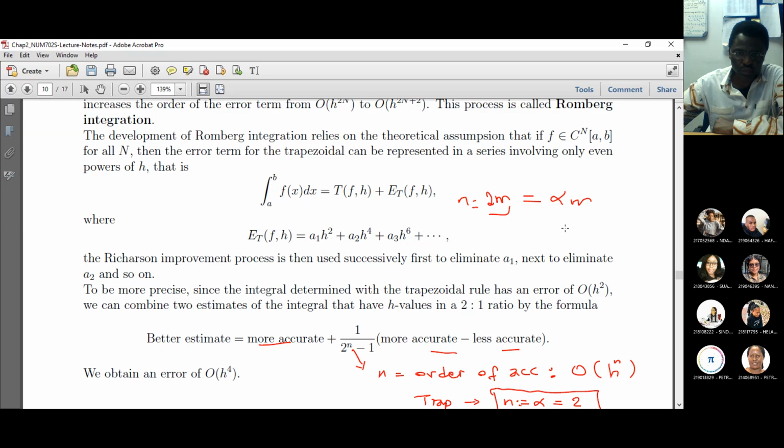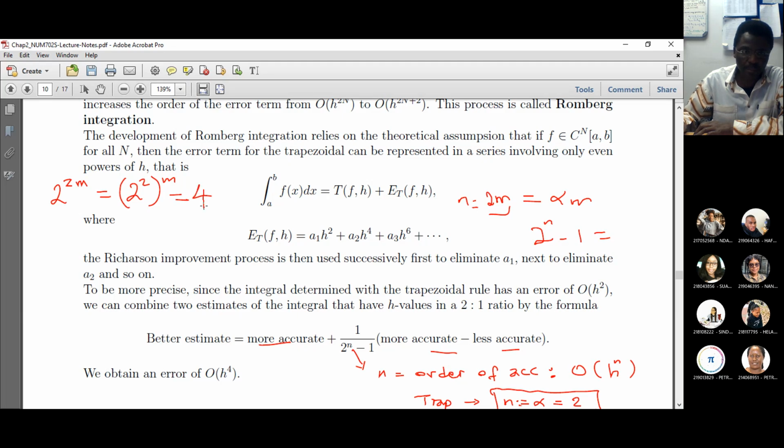Now, if I come here, I write 2 to the n minus 1. But since n is 2m, it will become 2 to the 2m minus 1. I know that 2 to the 2m is equal to 4 to the m. This is elementary algebra.